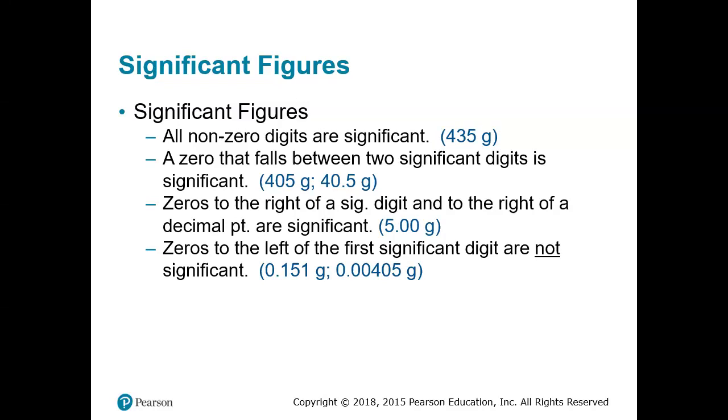They are there just to express magnitude, just to express how small these measured numbers actually are. So kind of the rule of thumb here: zeros that start a number are never significant. Zeros that end a number are only significant if there's a decimal point there to indicate their significance.